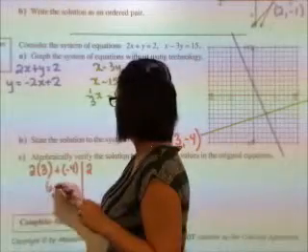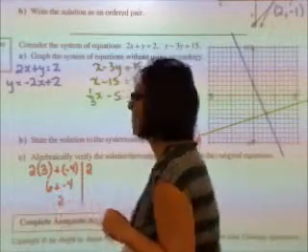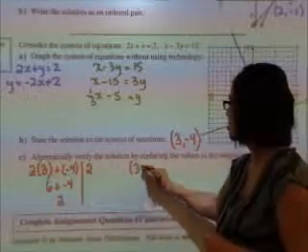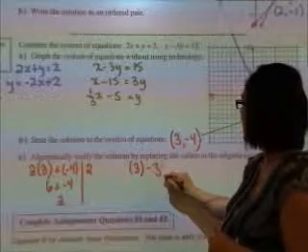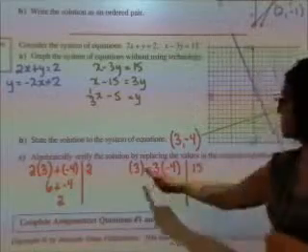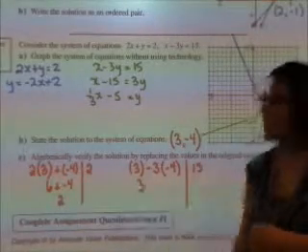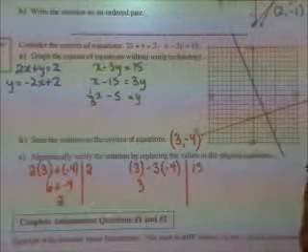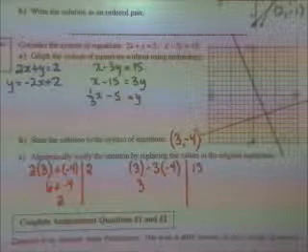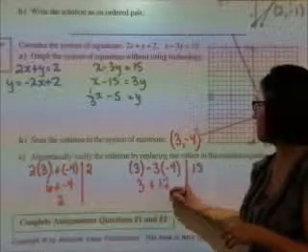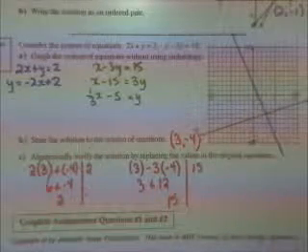And 6 plus -4 is 2. Then I do the same thing with the other equation. x, which is 3, minus 3 times y, which is -4. So 3, I can remove the brackets. This minus 3 times -4, I'm going to treat the 3 as being a negative as well. So -3 times -4 is 12, and what's 3 plus 12? So I verified that this solution does work in both equations.